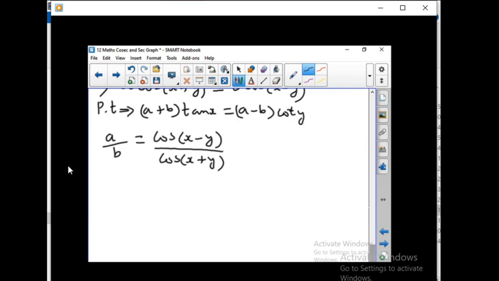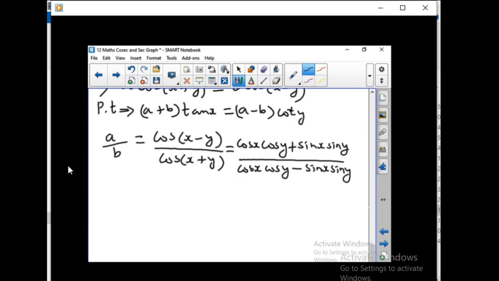So this is equal to, now cos alpha minus beta: cos x cos y plus sin x sin y, divided by cos x cos y minus sin x sin y.